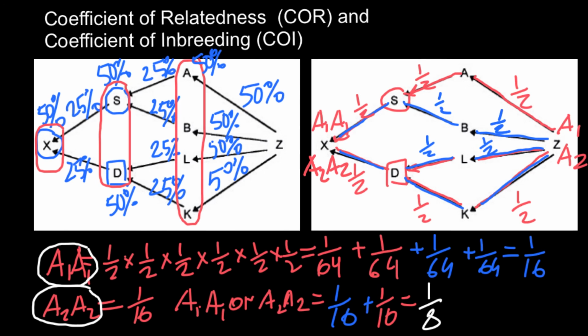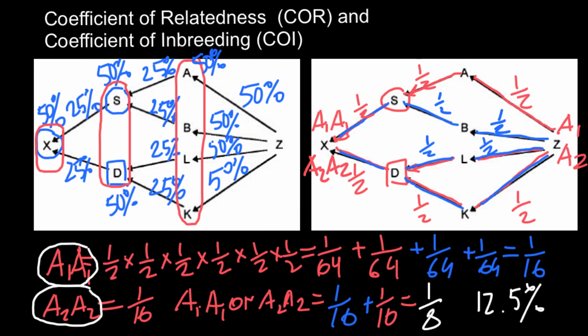If you need an answer in percentage form, you have to divide 1 by 8. You're going to get 0.125, and multiply by 100, and the answer would be 12.5% is the inbreeding coefficient of this individual.